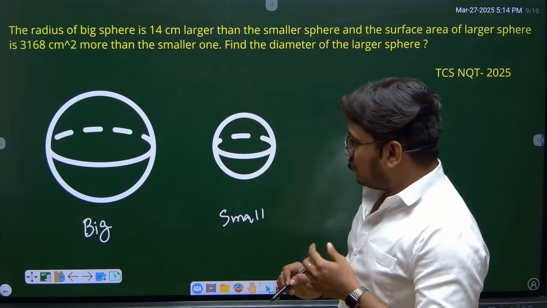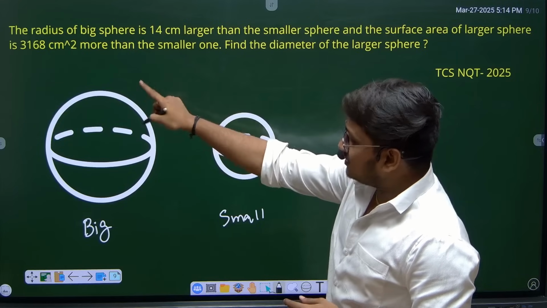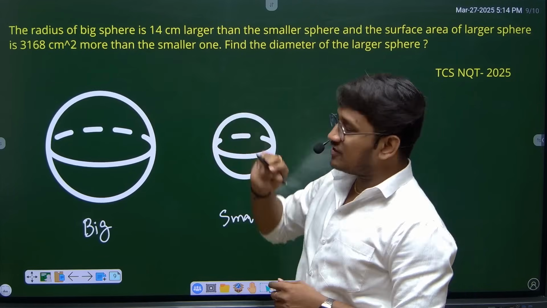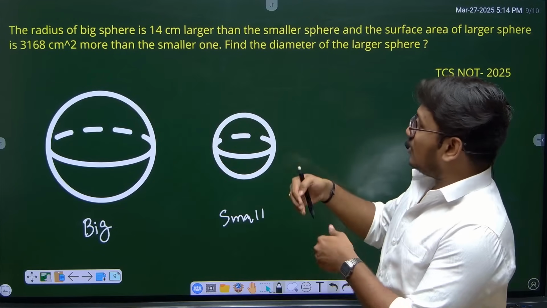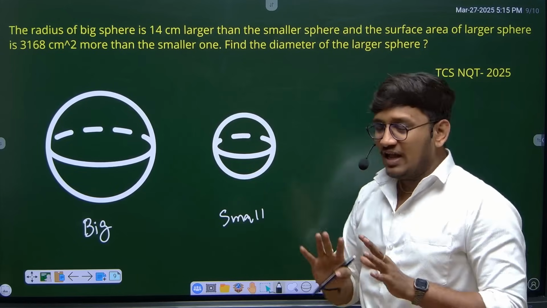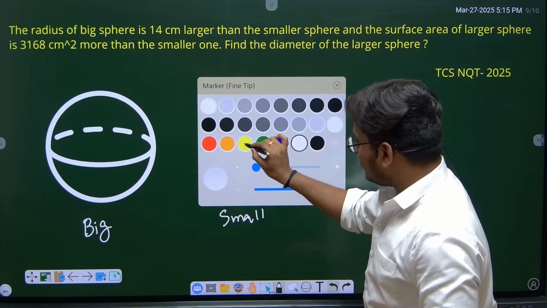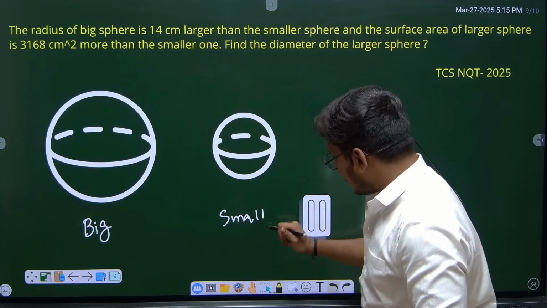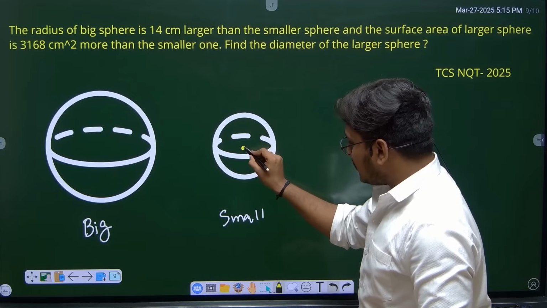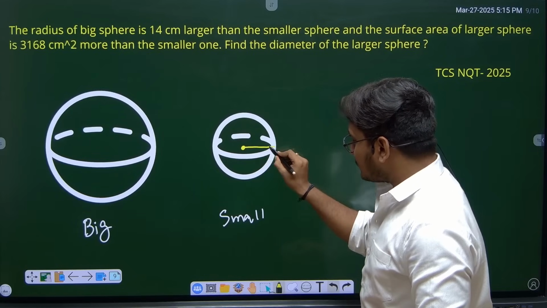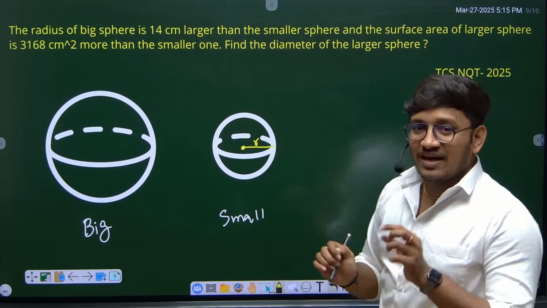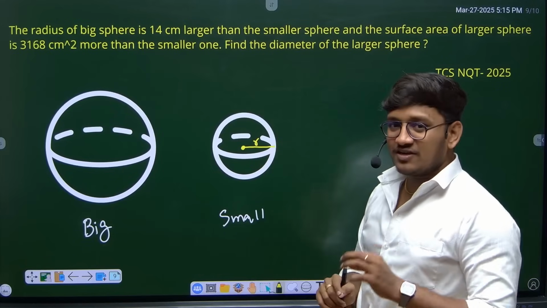Now if you observe here, the question is: the radius of the bigger sphere is 14 centimeters larger than the smaller sphere. Let me take the radius of the smaller sphere as r.